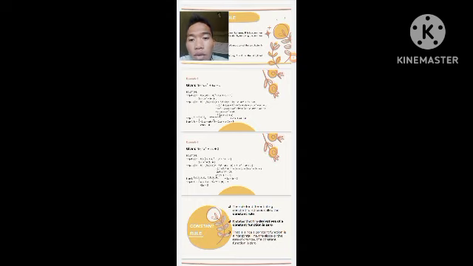In step 2, f of x plus h minus f of x equals a times (x plus h) squared plus b(x plus h) plus c, minus (ax squared plus bx plus c).